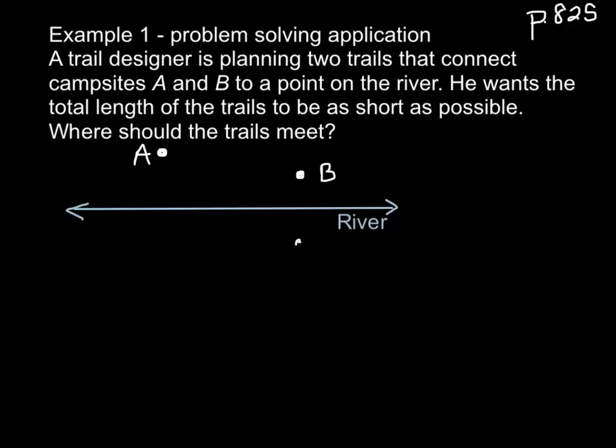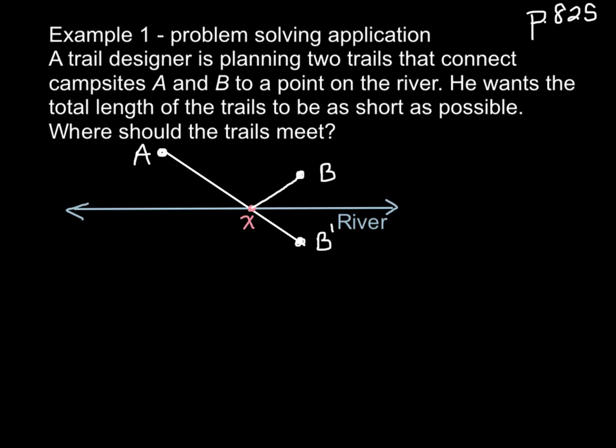So if we reflect B, we can call it B prime, and then we can connect A to B prime, and right there, where it crosses the river, we can call it point X. If we connect X to B, that becomes the shortest route from A to the river to B. We used reflection to show that.